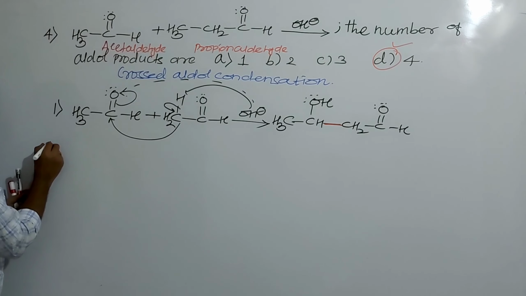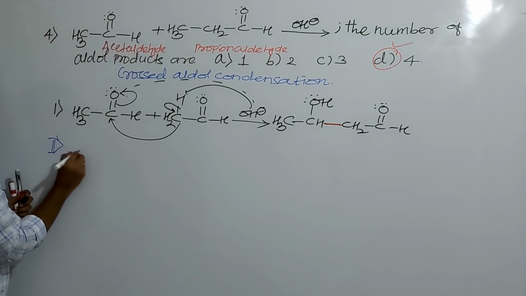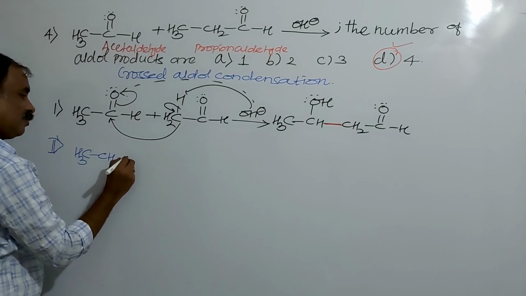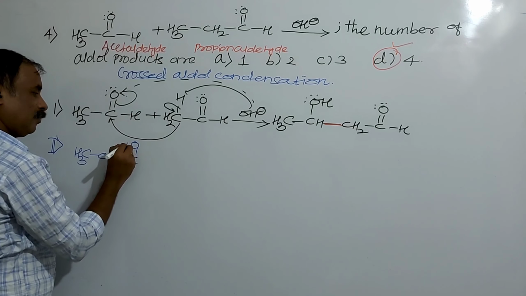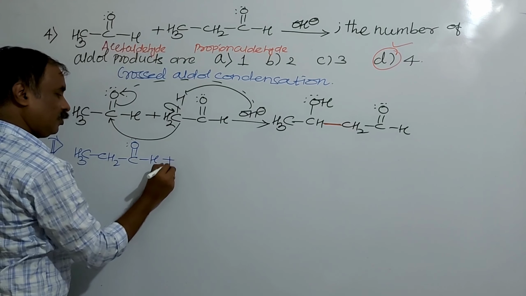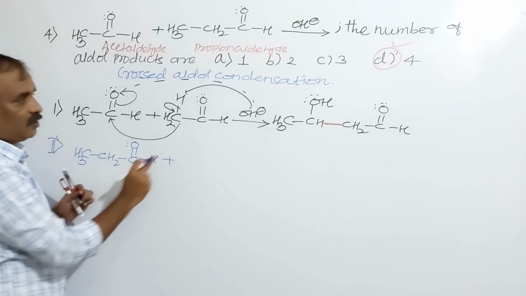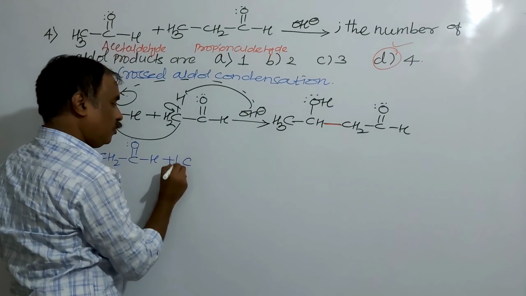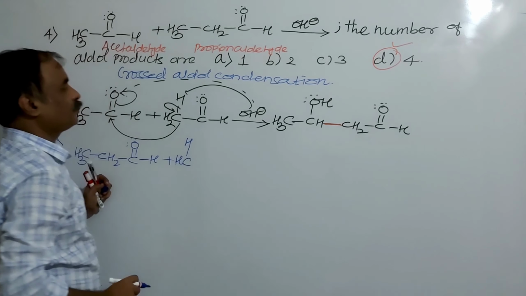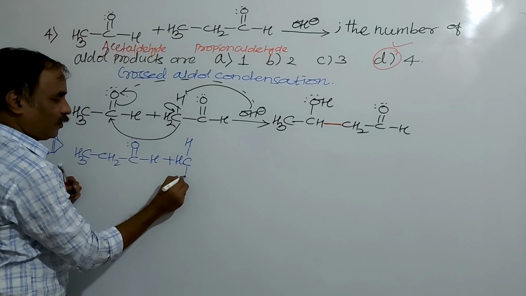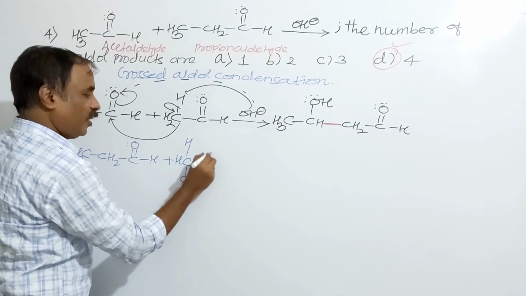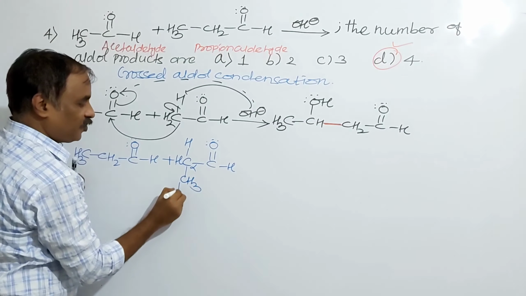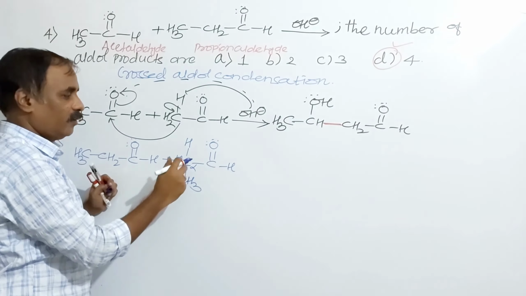Two molecules of propionaldehyde, second one. This is one. Second, but the alpha hydrogen and alpha carbon are important, so I will write CH2 and methyl group like this, C double bond OH, because this is the alpha carbon, this is the beta, and our interest is in the alpha carbon only.